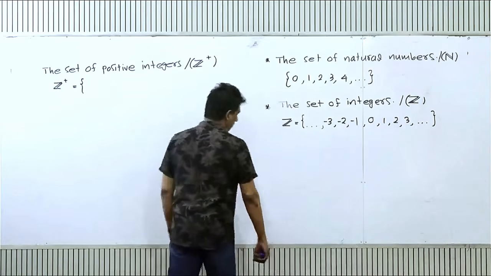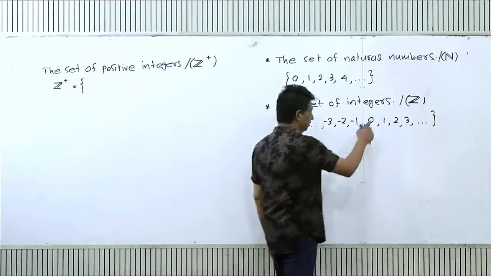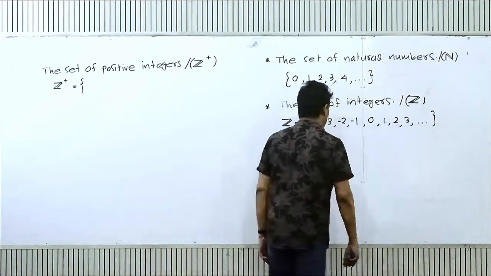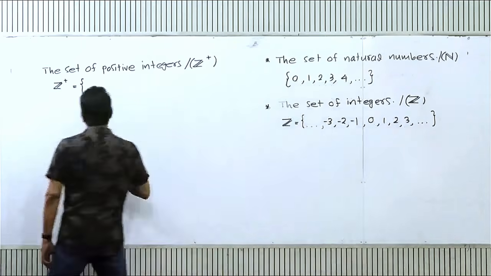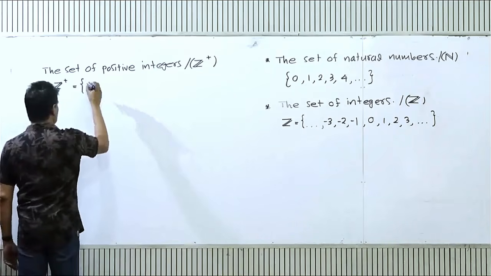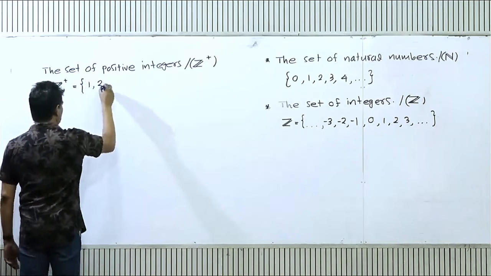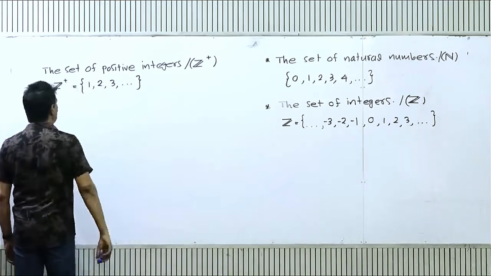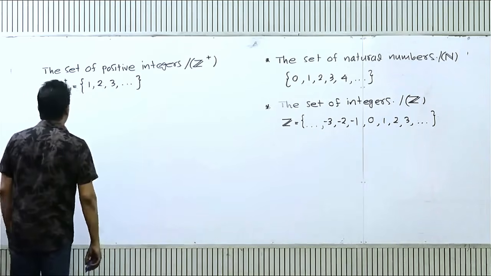So positive integers mean plus 1, plus 2, plus 3, like that, right? So we can write this subset 1, 2, 3, 3 dots, and we close the bracket.